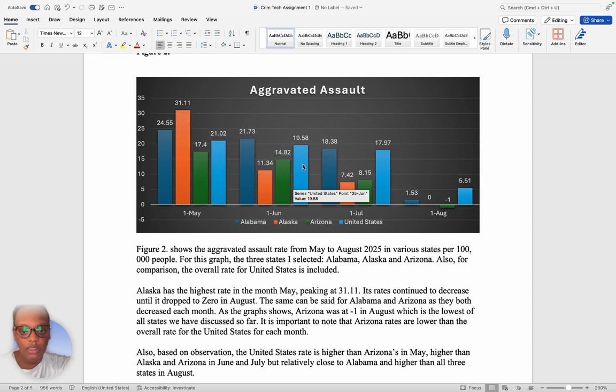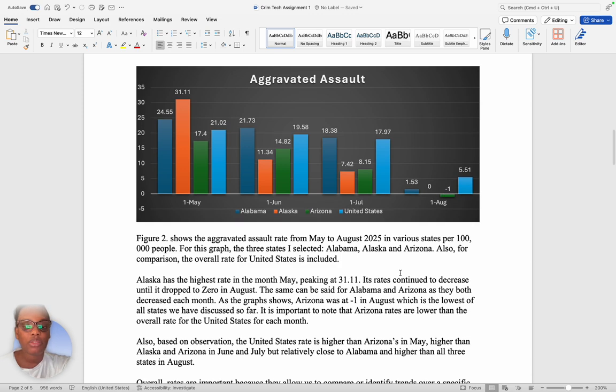The same can be said for June, which is 19.58, and then you have Arizona at 14.82. The United States rate again, you have 17.97, and then the rate right here is 8.15, and the same can be said for August, it's even at a negative. So you see that there's a trend of it decreasing.